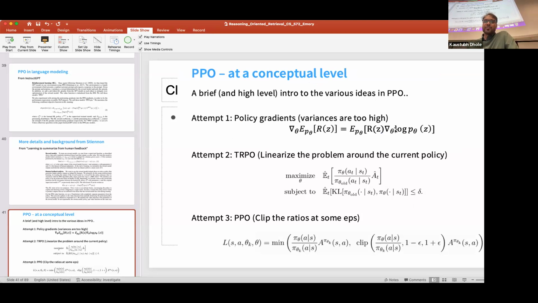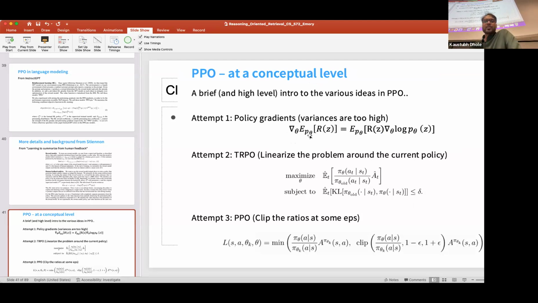So this is your REINFORCE gradient equation. So what are we interested in? We are interested to maximize our expected rewards, and in order to maximize our expected rewards, we are taking a gradient with respect to the policy parameters.